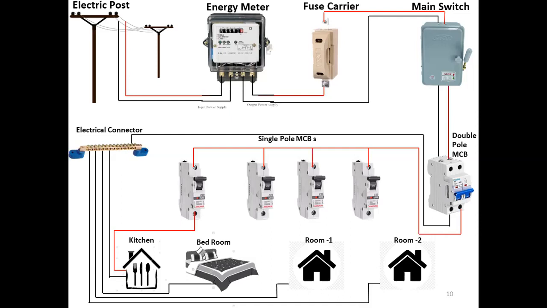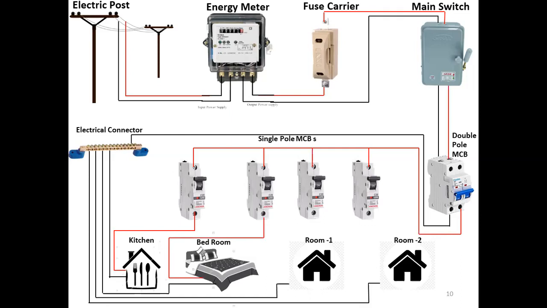Already in the previous slide we discussed how we can do the connection for a kitchen lamp, one lamp controlled by one switch, right? So anything can be done. Then next, the second MCB output is connected to the bedroom switchboard.